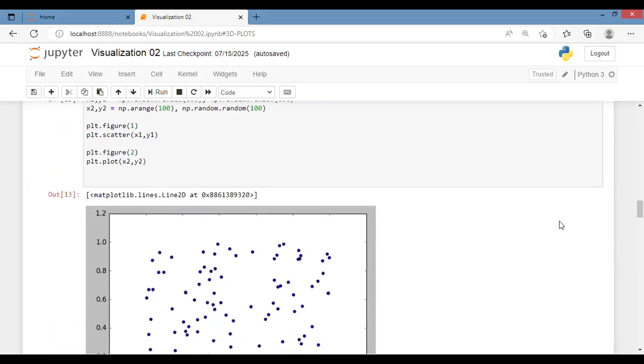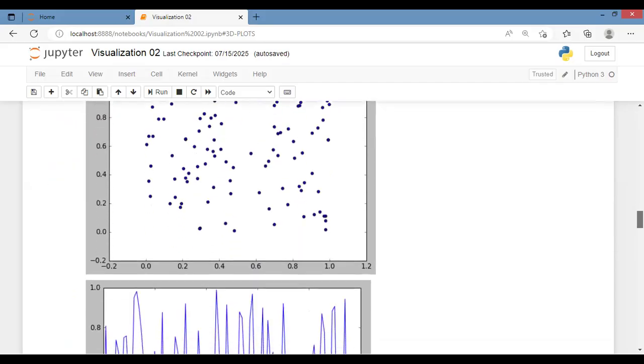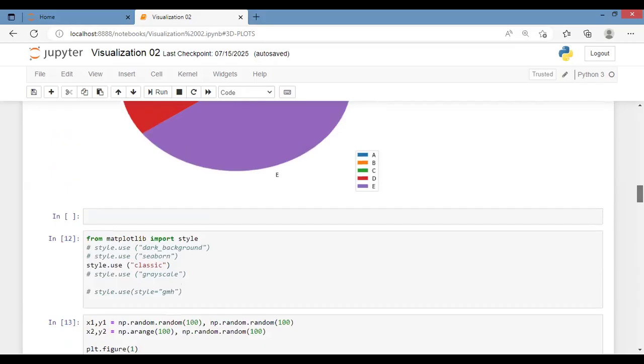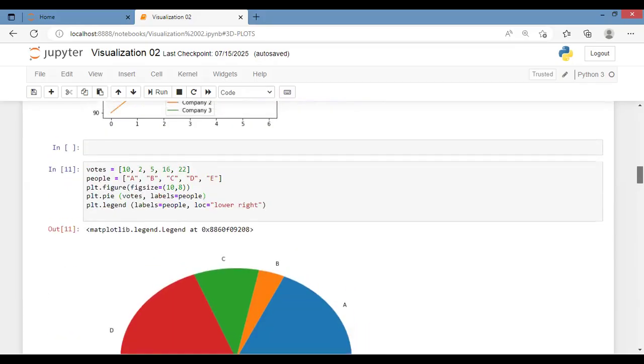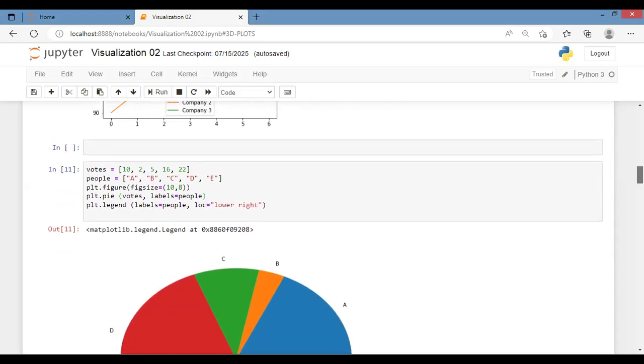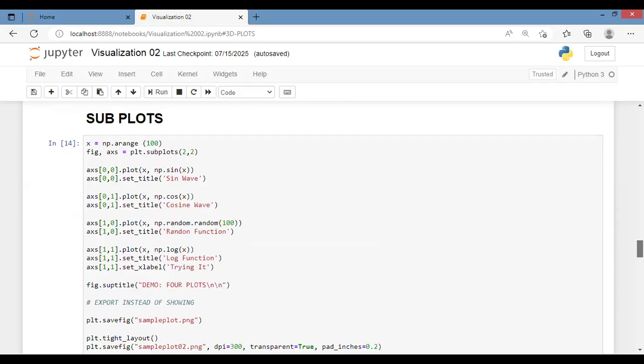In the class before this, we saw histogram, and we also saw how to include legends, titles, Y ticks, X ticks, and so forth.